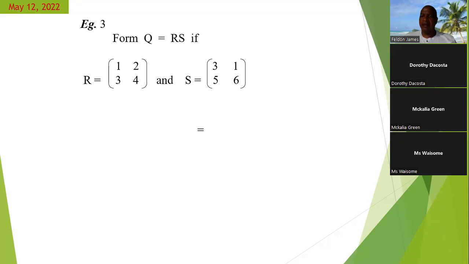All right, so it seems like Ms. Waysome's connection is still in and out. So I'm not sure if Ms. Green had thought about the condition and how the condition is to be satisfied. Would you like to try and answer, Ms. Green?